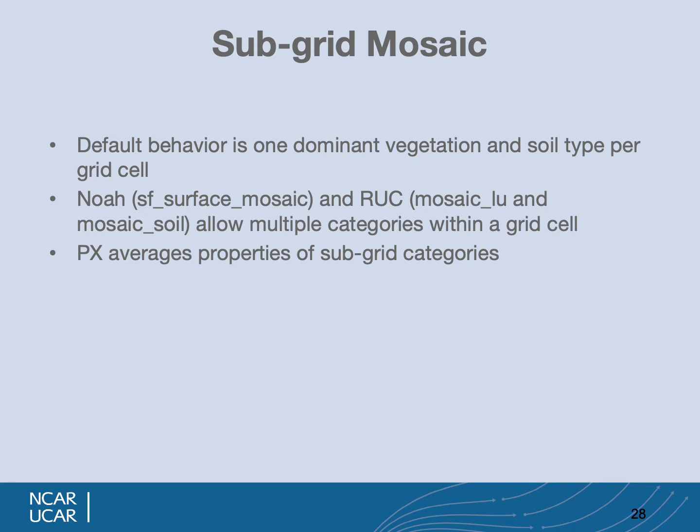Pleim-Xiu also averages the properties of the grid category, so it treats them all as one, but it takes an average property. I didn't mention here that CLM4 also has capabilities for multiple categories per grid cell, but it takes special initialization to use CLM with that. So currently when we run CLM, we just have one category per grid cell.